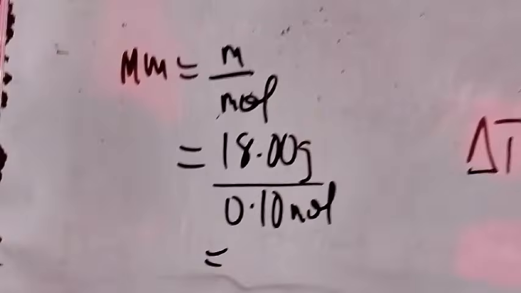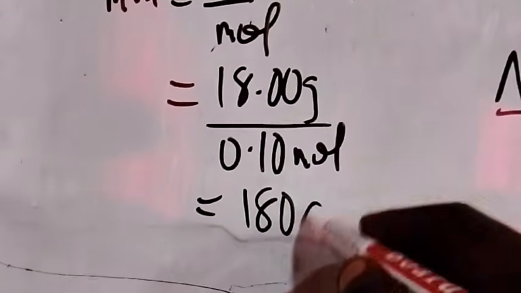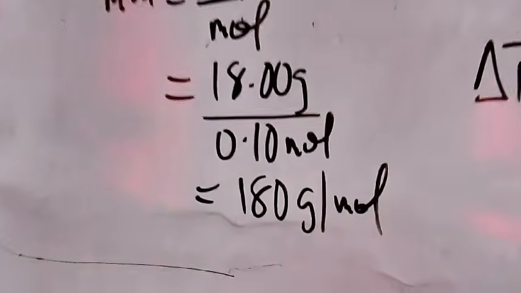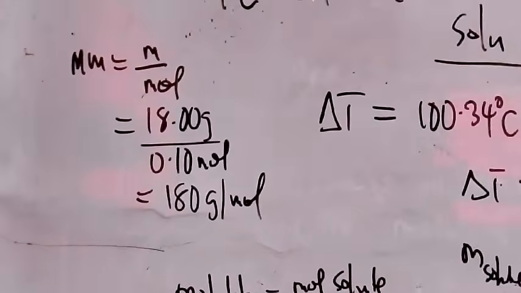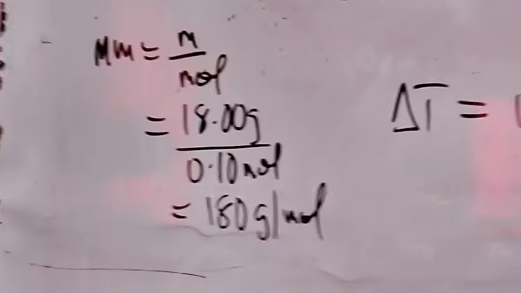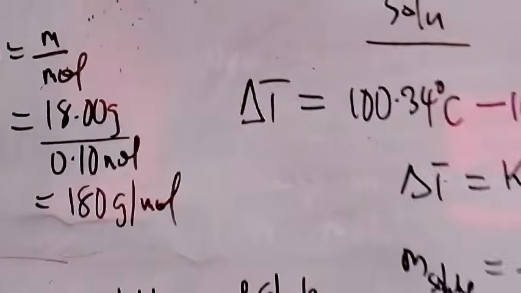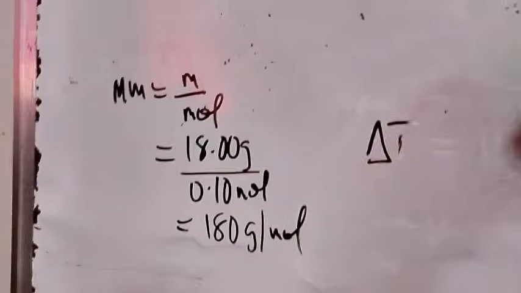Okay, so 18 over 0.1, we are getting 180 grams per mole. Okay, so that is the molar mass of glucose, 180 grams per mole. So that is how we can calculate, okay, step by step.